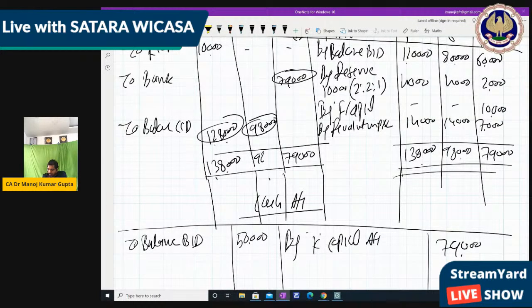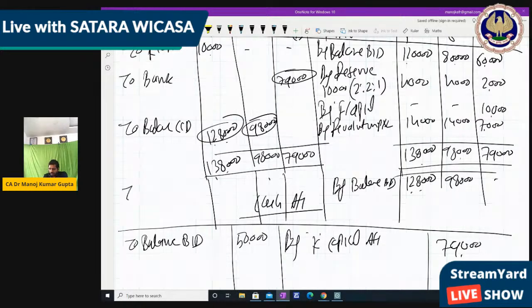In this way, we can make the proportionate capital. By balance brought down will come on the next part, 98,000. Then to capital balance carry down.